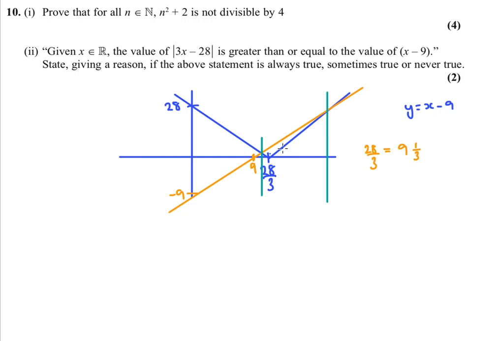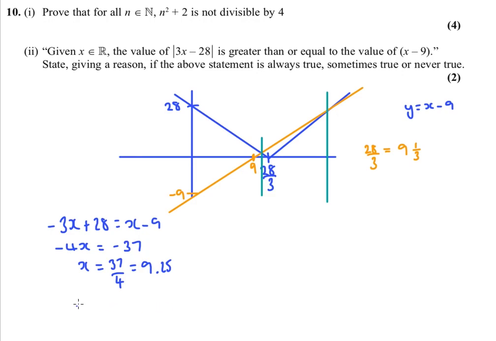And the reason it's sometimes true is because when x is less than whatever this value is, which we could work out, well, let's work it out. This line is the negative version of the 3x minus 28. So it's going to be minus 3x plus 28 is equal to x minus 9. We're going to get minus 4x equals minus 37. So x is going to be 37 over 4, which is 9 1/4.